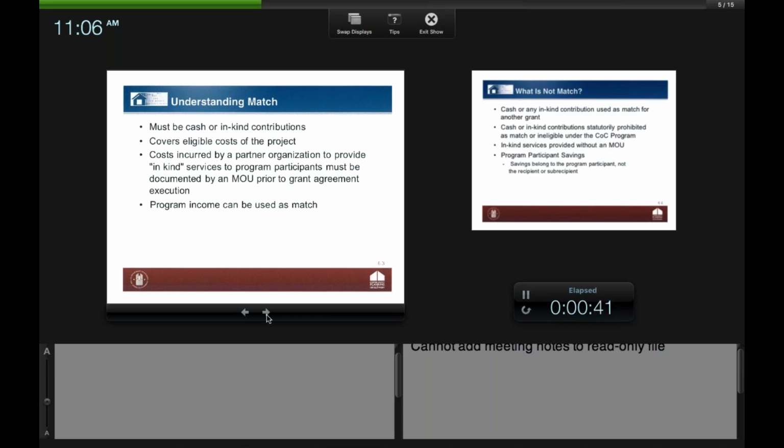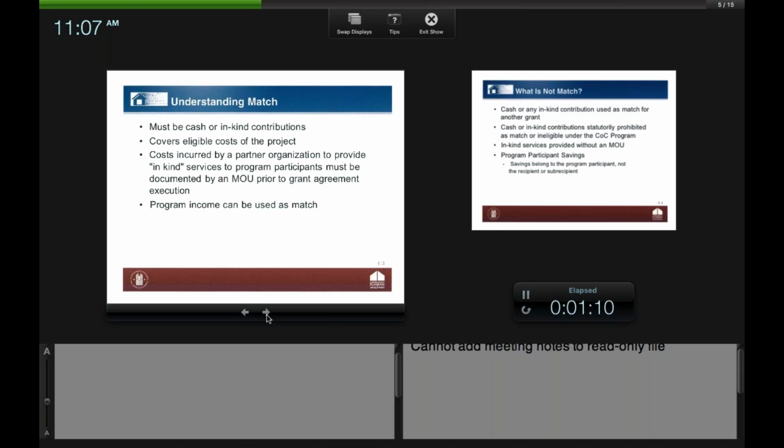And again, as you read through the regulations at 578.73, it'll give you all of the specific elements. It must cover all the eligible costs of the program, which is found under Subpart D, 578.37 through 63, the components and then the eligible uses.